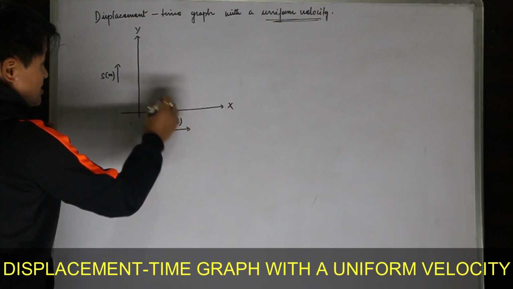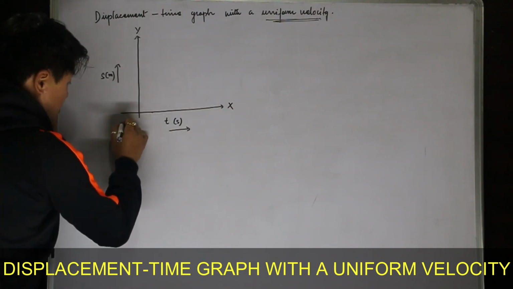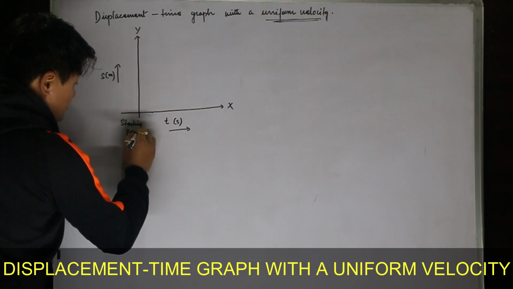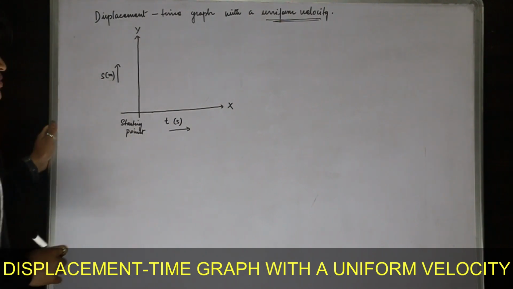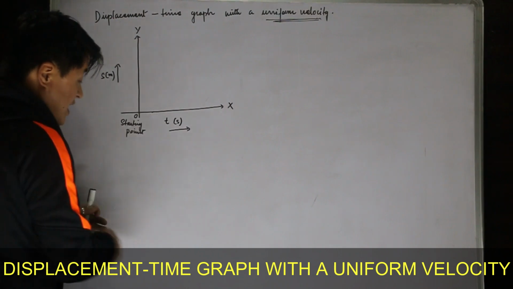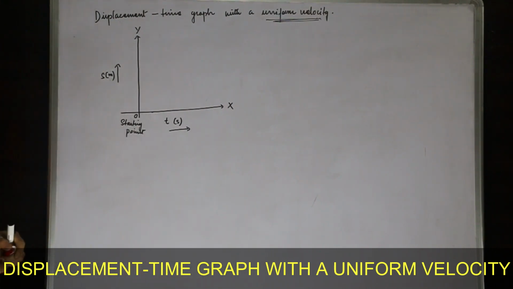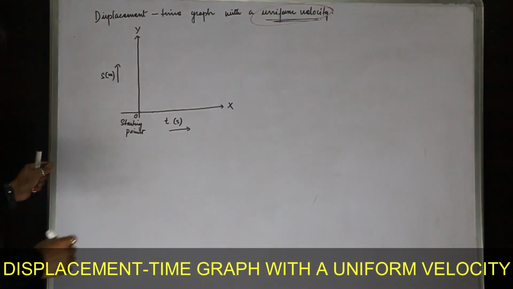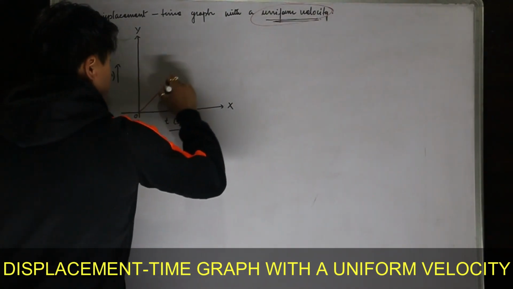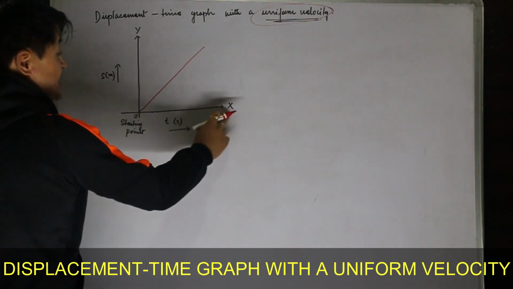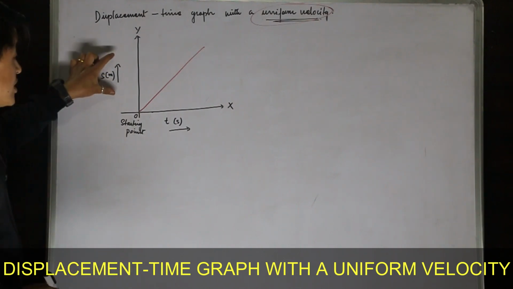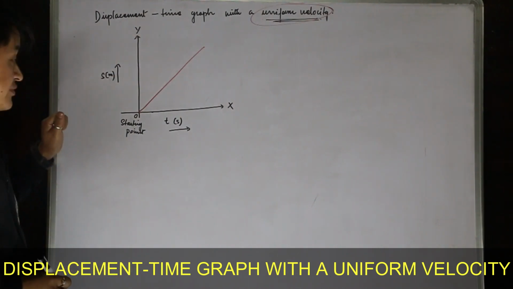The intersection of the two axes we consider as the starting point. At the starting point, both displacement and time are 0. If the car is moving with a uniform velocity, the displacement time graph is a straight line inclined to the x-axis. That means the car will cover equal displacement in equal intervals of time.